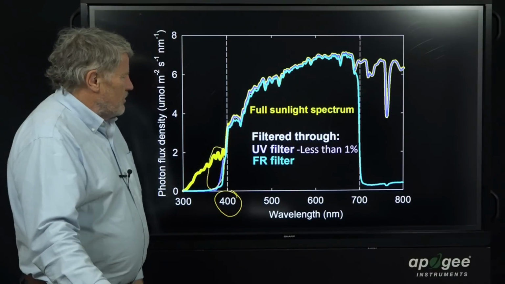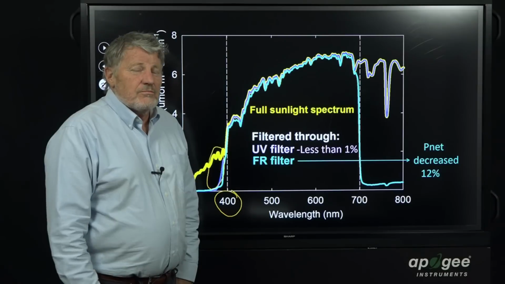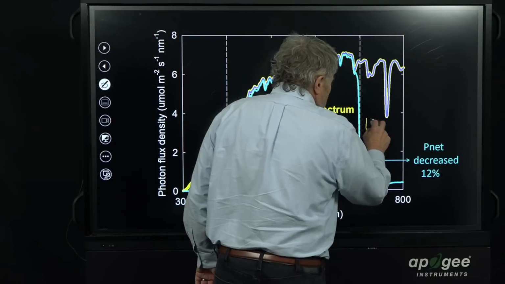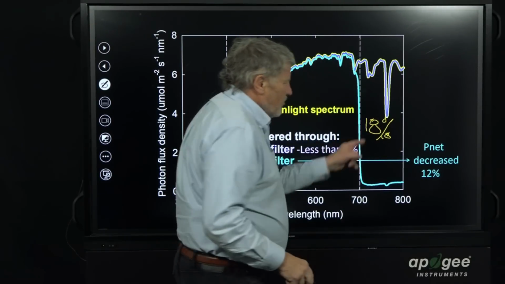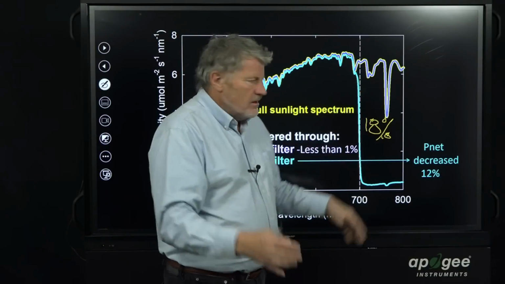But what happened up here? With the far red filter, P-net decreased 12%. Now remember, there's 18% photons up here. And there's a number of issues up here with how high was the light, what was saturating.